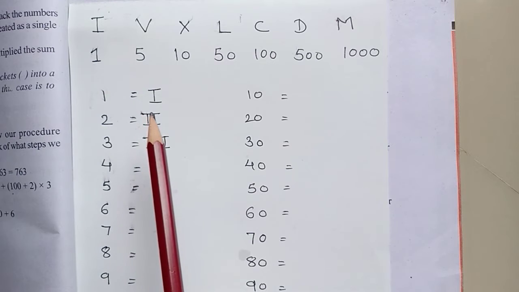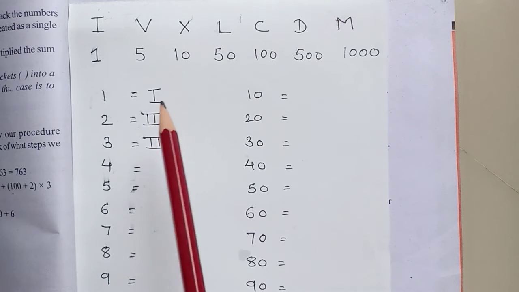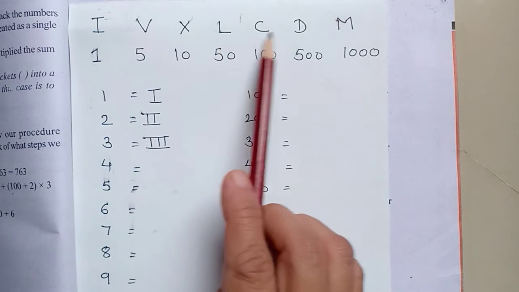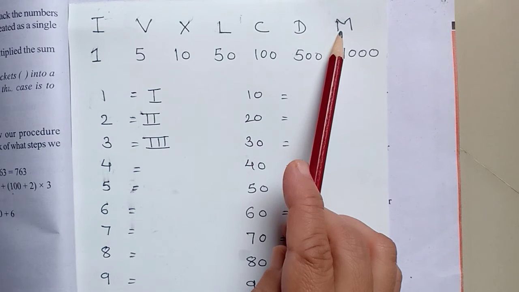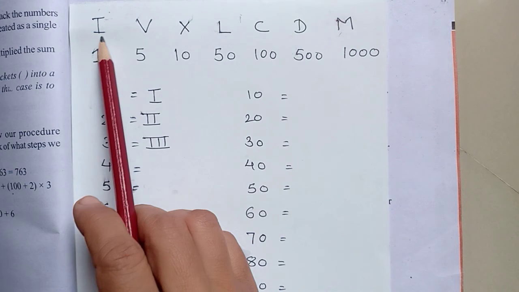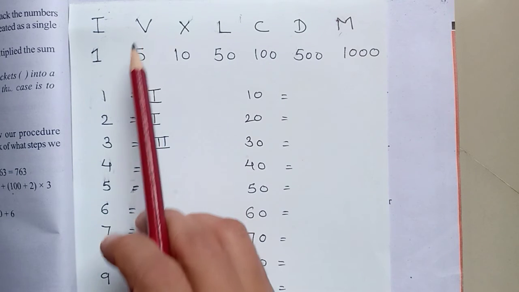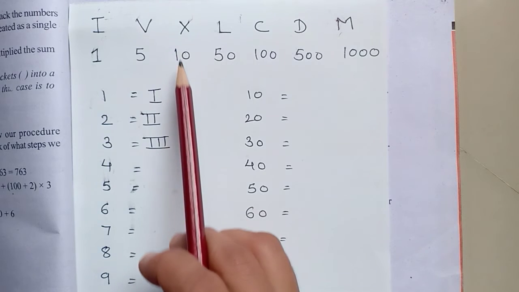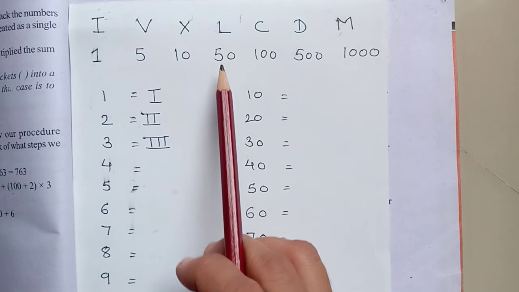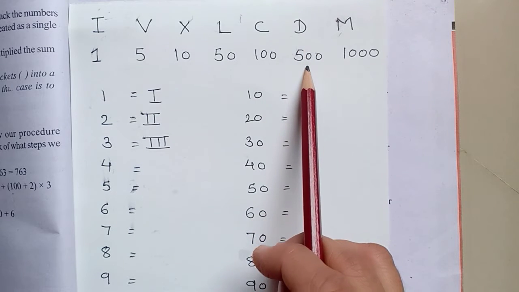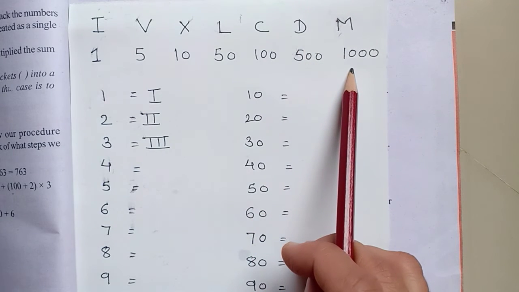Now, as we have seen in the previous video, there are only 7 letters used to write Roman numbers. The first letter is I, which denotes 1, V 5, X 10, L 50, C 100, D 500, M 1000.